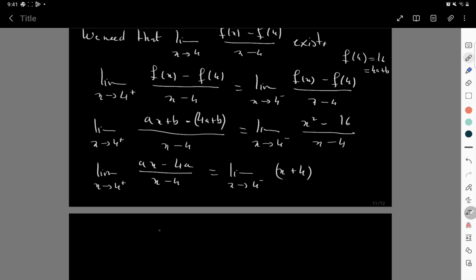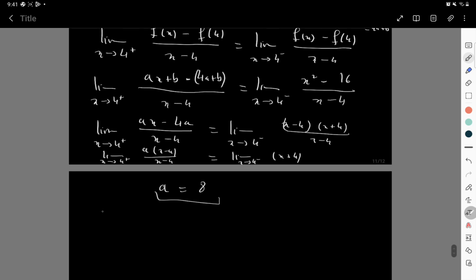You get a times x minus 4 over x minus 4. This is the limit as x goes to 4 minus of x plus 4. So here you get a, and on the other side you get 8. So a is equal to 8.